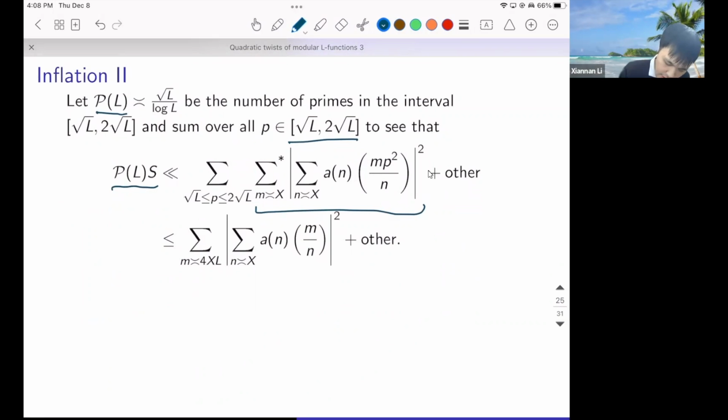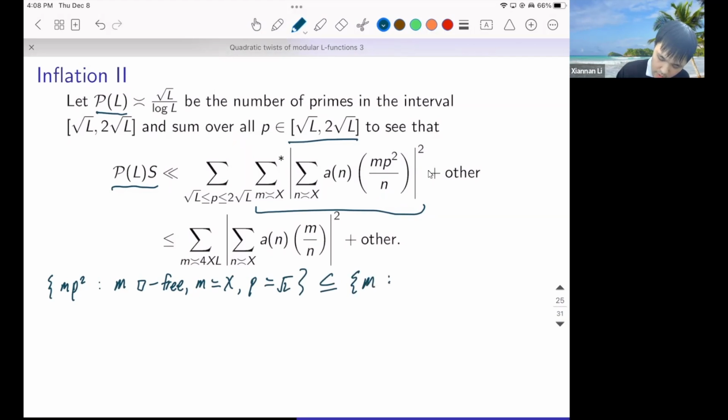All I'm using is that the set mp squared, where m is square free, m is around size x, and p is around size root L, is a subset of the set M, where M is around size XL, as long as I don't worry too much about the constants. I have forgotten about the square free condition in the second sum, but this will not actually matter for us, as we'll see later.